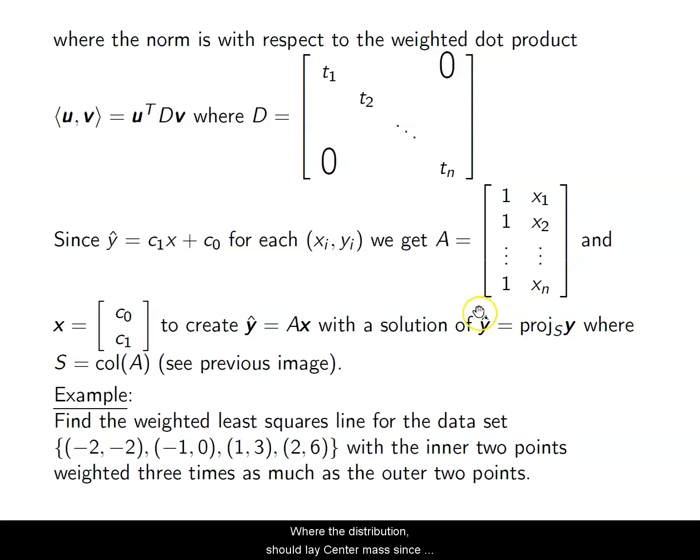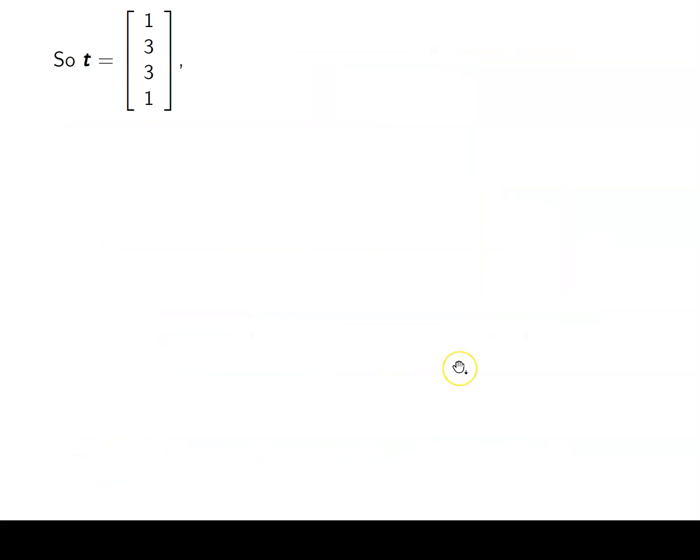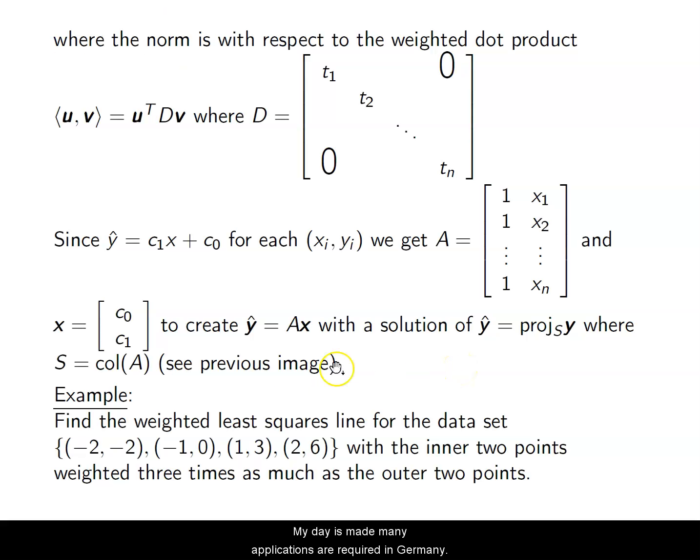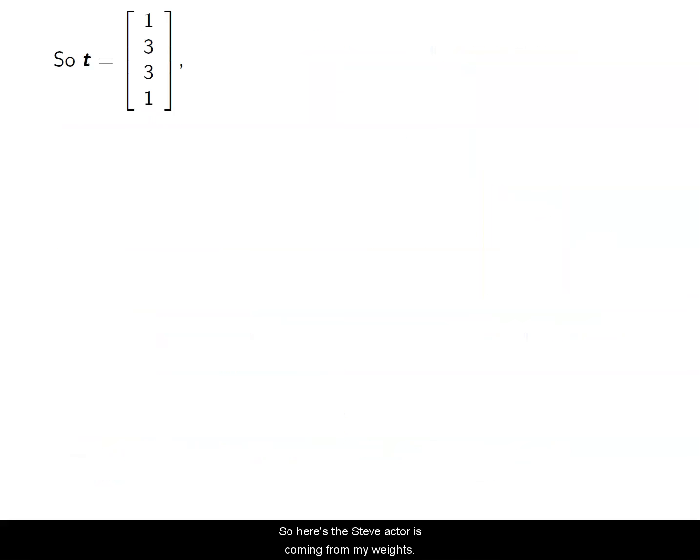So where the distribution kind of should lay center mass. So that's one instance where I use this very commonly to assess how my classes are doing. There's many applications. Least squares generally comes up in statistics and probability courses.